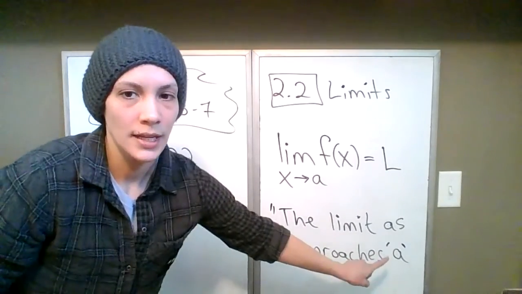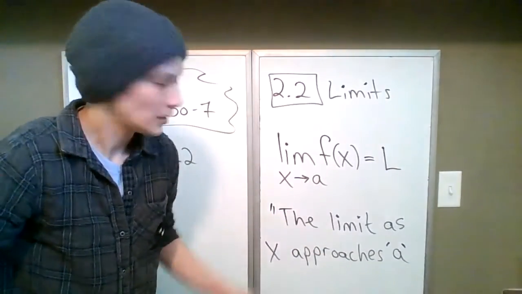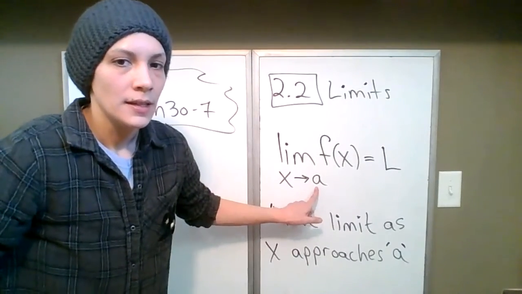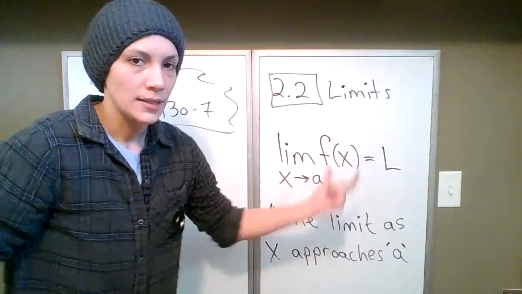So I put quotes around this a because I'm talking about that letter a, this symbol here. So x approaches a of f of x.